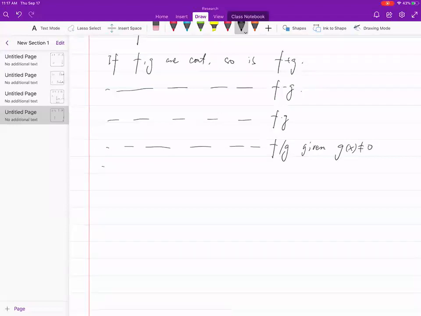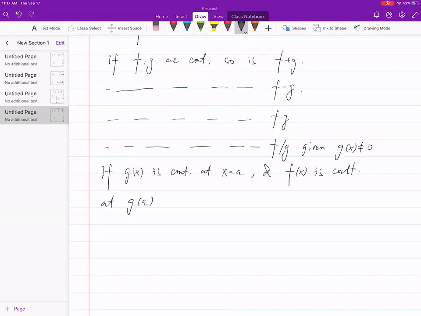And finally, if g(x) is continuous at x equal to a, and f(x) is continuous at g(a), then f circle g(x), which is defined by f(g(x)), is continuous at x equal to a. Okay, we have 5 laws.